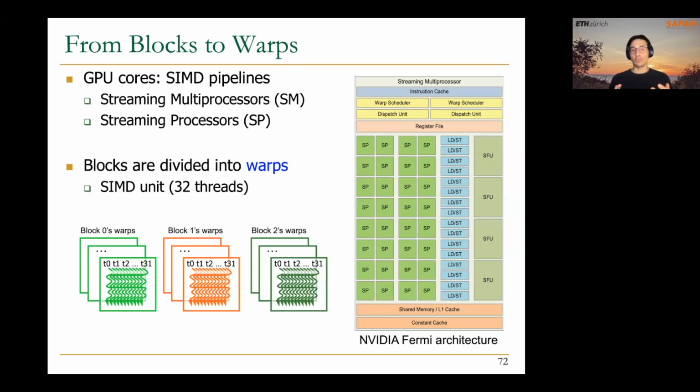So for this reason, the typical size of a block is going to be a multiple of 32. So if block 0, block 1 or 2, for example, have a total of 128 threads, that means that they have 4 warps, or they will be decomposed into 4 warps when executed on the GPU core.